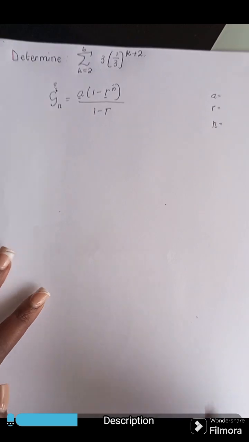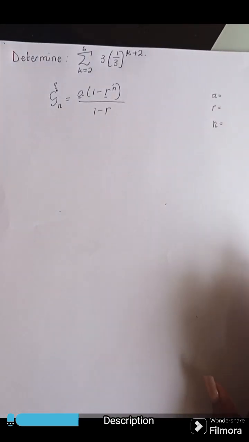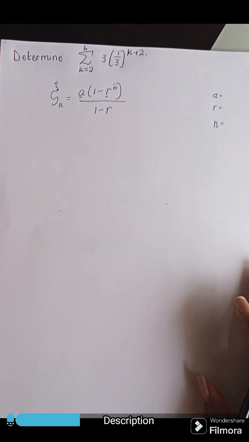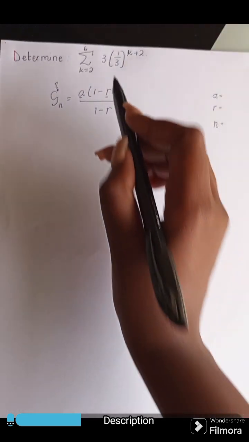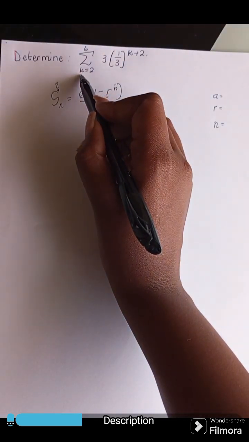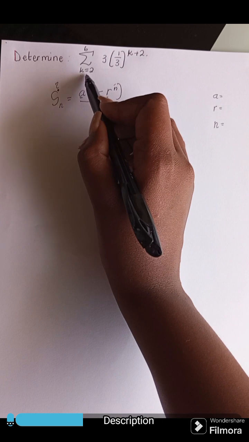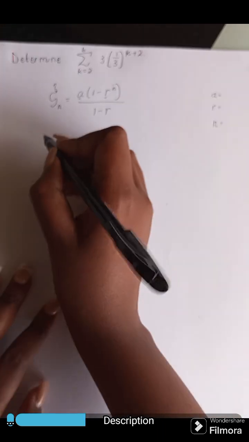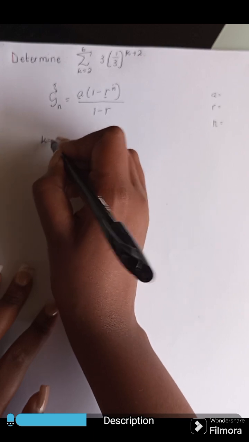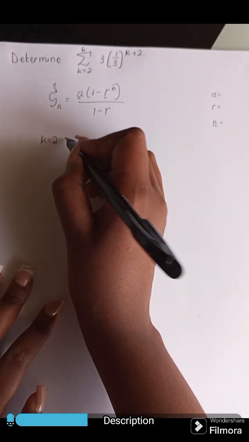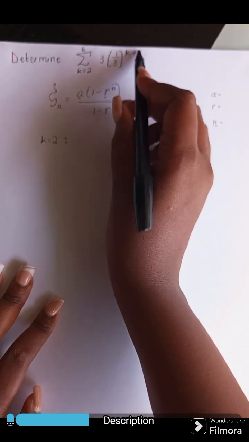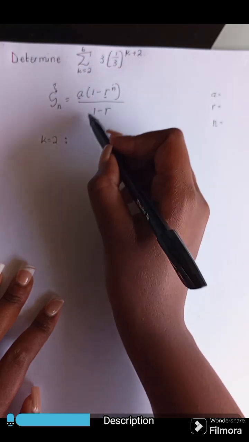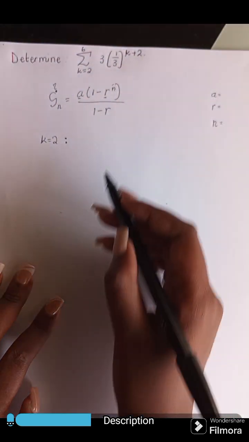In finding a, a is the first term. When we look at our sigma, we are told that we are supposed to start evaluating where k is equal to 2. So when k is equal to 2, we take this formula and substitute k in order to find a.